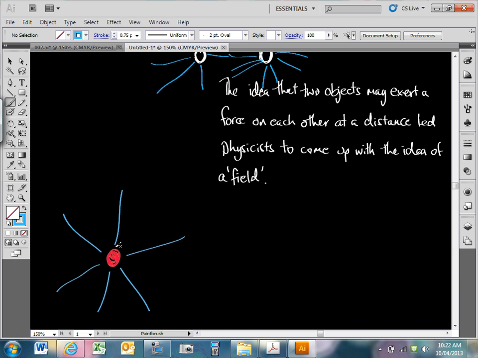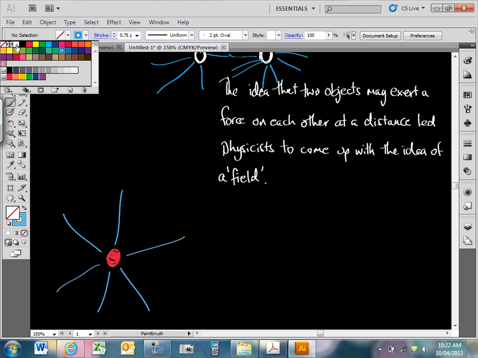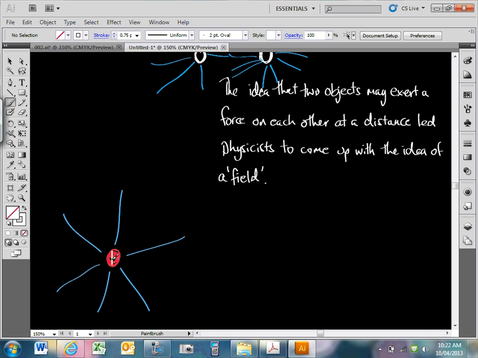They meet the source of the charge at right angles, and I don't know the magnitude or direction of the field around there. I'm just saying that there is a field around this positive proton. Okay, so I'll state that positive proton, and its field.